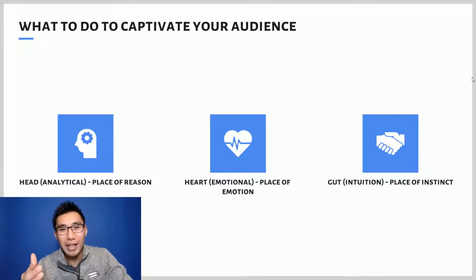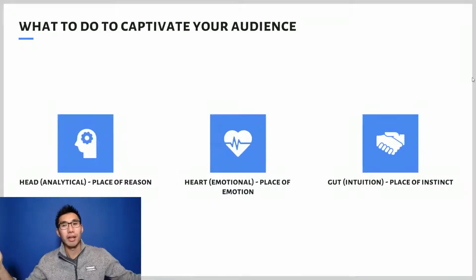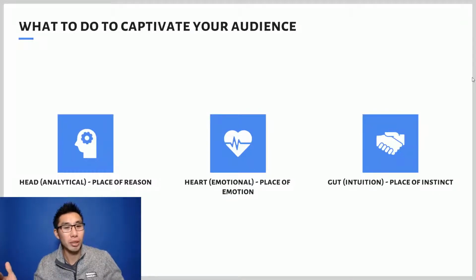I mean, it was sad 10 minutes ago, but right now you're telling too many analogies, too many similes, too many stories. So to be a good captivating speaker, we need to know how to speak with all these different ranges, because some of your audience are more analytical, some react more to emotions, and some just want a gut feeling that they want to listen to you. So let me give an example of how to do all of this pretty soon.